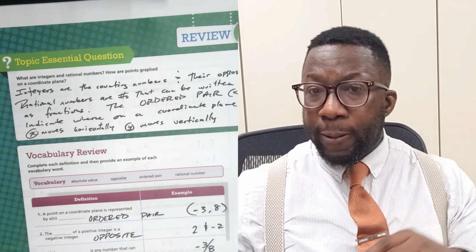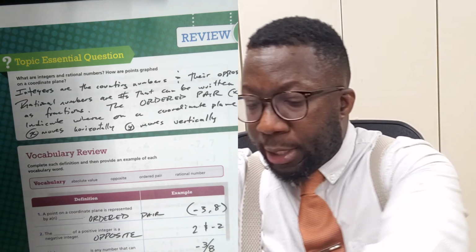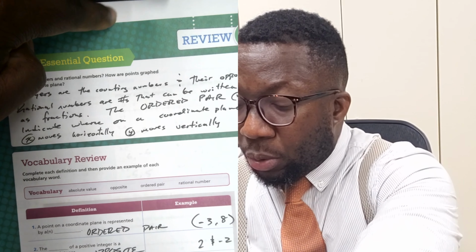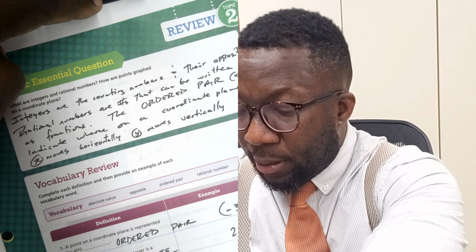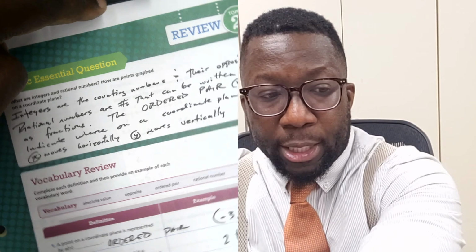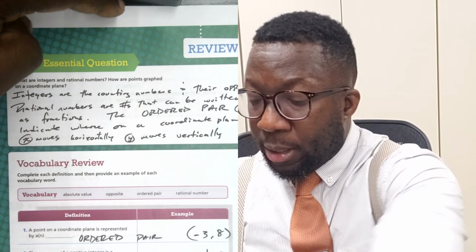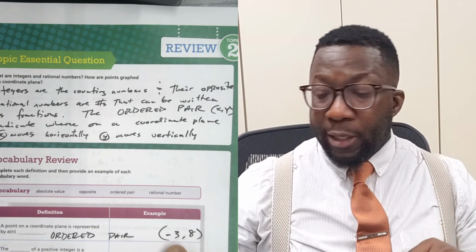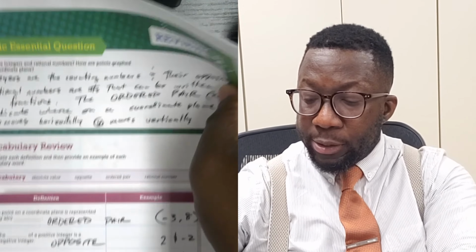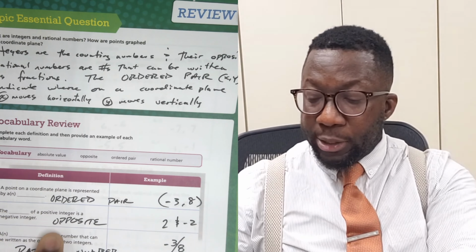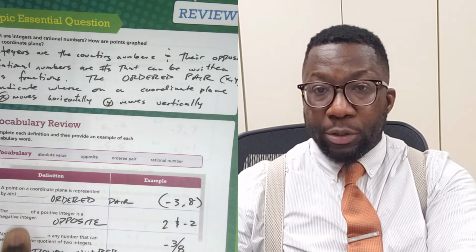Now, as vocab review, we are asked, hey, a point on the coordinate plane is represented by what? By an ordered pair. And so we have the example that we have here of -3, -8. The second question is, the opposite of a positive integer is a negative integer.